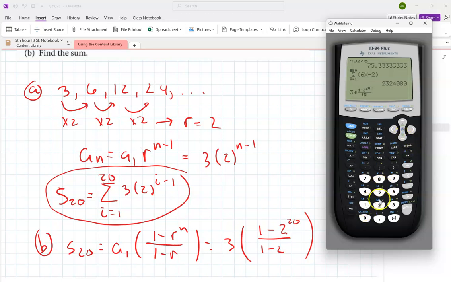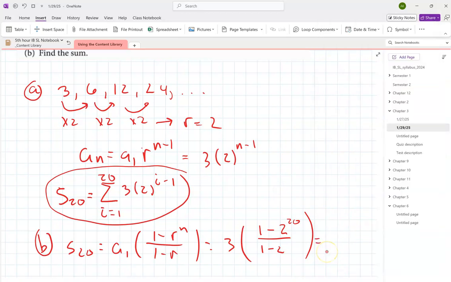And I'll just type it in the way it looks on my calculator or on my piece of paper. And there's my answer, 3,145,725. So I used the formula to do that.